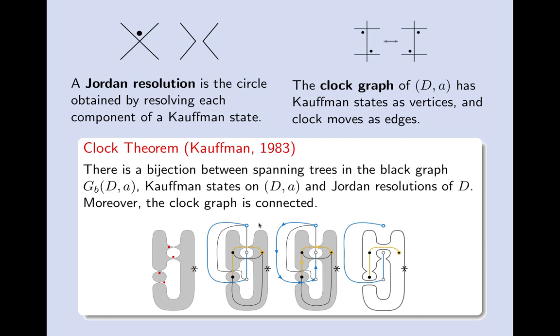So it's not hard to see that, in fact, starting from a Kauffman state, what we get, for example, in the black graph is always a tree, and it's always spanning.